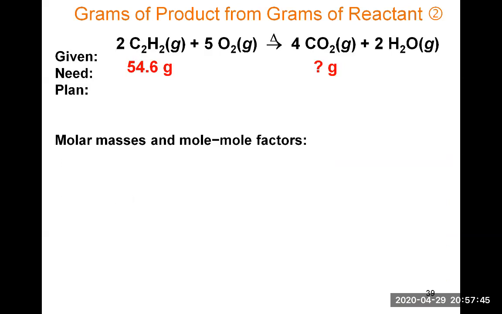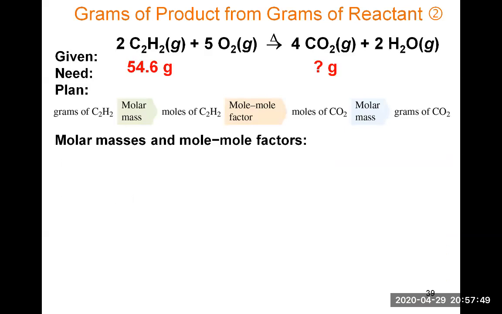So that means we will need first to convert our grams of C2H2 into moles of C2H2 to be able to use that mole-to-mole conversion factor and change the moles of C2H2 to moles of CO2. And then we can go back to grams using the molar mass of CO2 to change the moles of CO2 into grams.